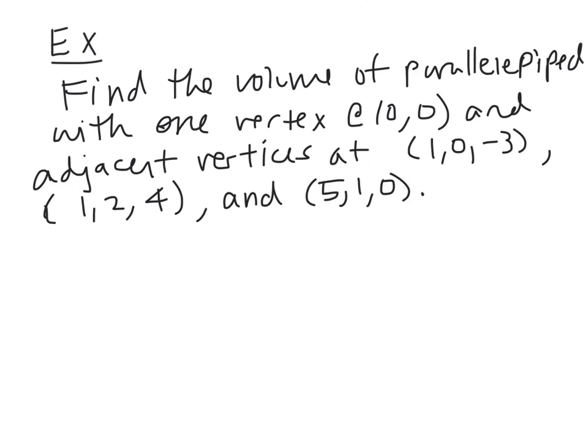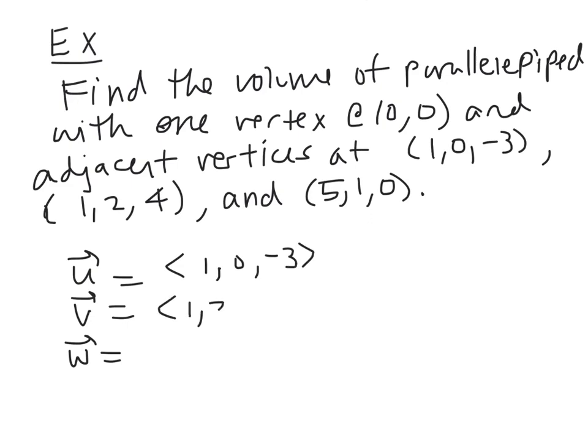Okay, and now we need to find the determinant. So we need to find our vectors u, v, and w. And the vectors are the vectors we get from starting at the vertex, the origin, and going to these 3 different adjacent vertices. And so in this case, it gives us 3 pretty easy vectors. It won't always be so easy, but today it is.